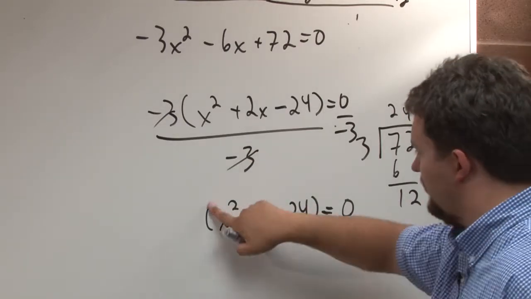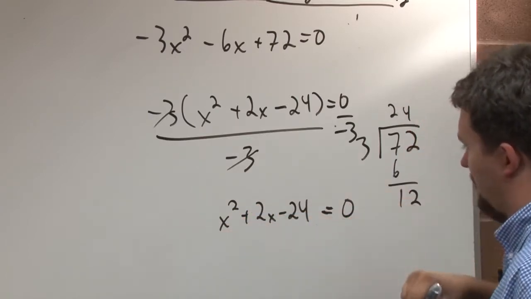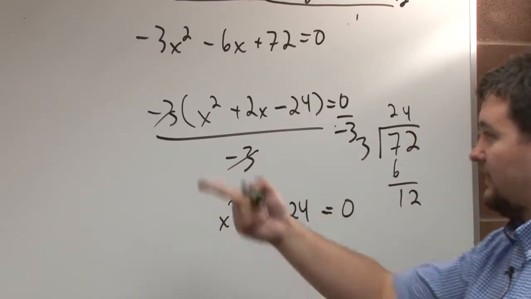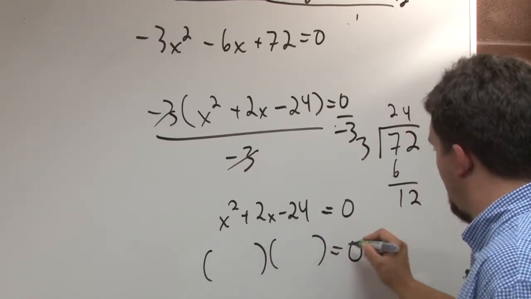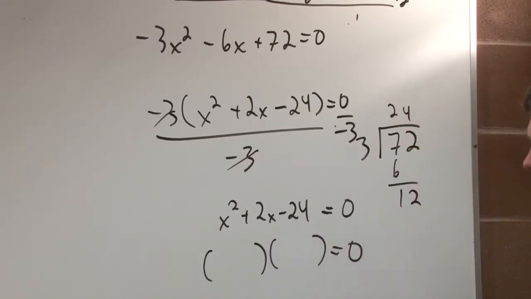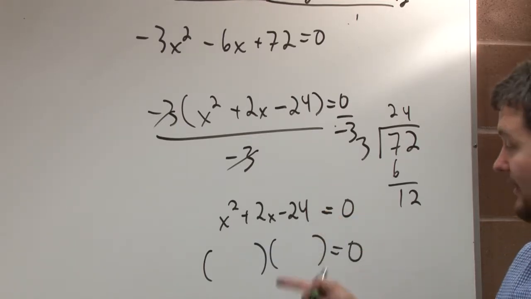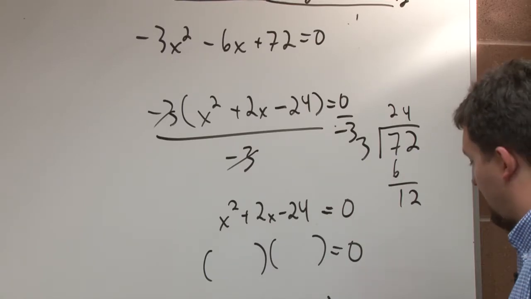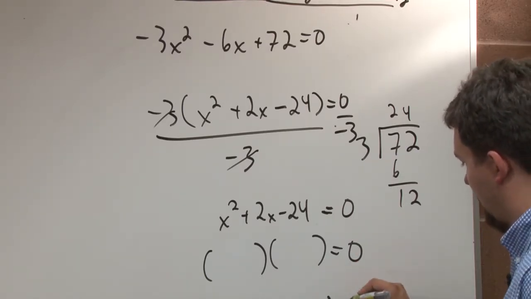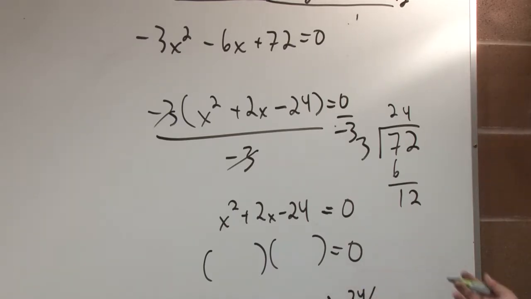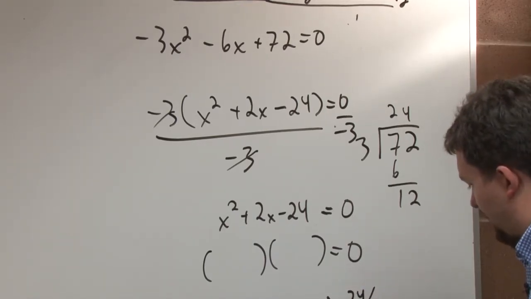So, don't need these parentheses anymore. There's no need to group them. And now I've got a quadratic that's a lot easier to deal with. So I'll try factoring it first. What two numbers could multiply to 24, -24 in this case, but add to 2? Well, in order for me to do that, I like to use this kind of grouping method here. I put my -24 on the top of this large x here, and this 2 on the bottom.